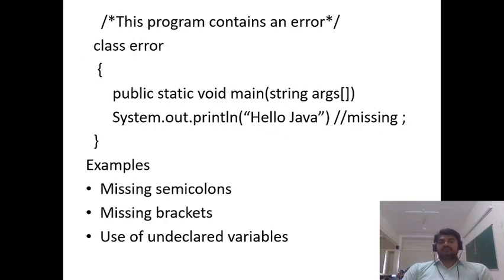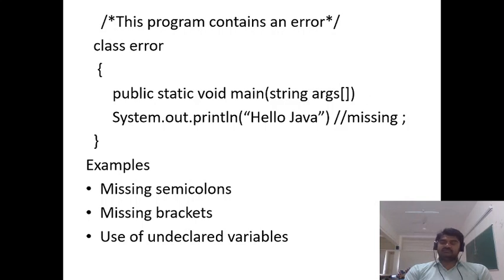Just consider this program. This program contains an error. Here we have a class called error, and we have a main method. Inside the main method we have a system.out.println printing a Hello Java message. After this main method, we must have curly braces.